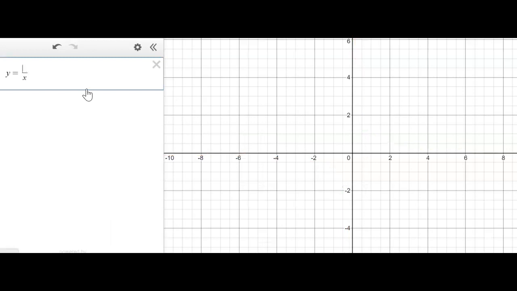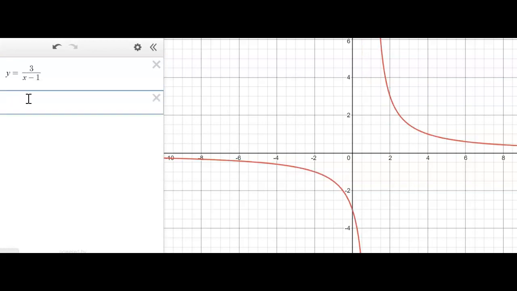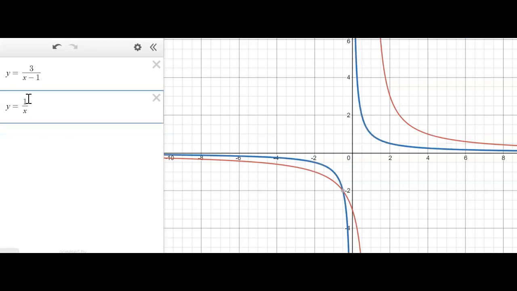So what is happening here is we've been dilated and it's been translated. Okay, so you can see the blue graph, our basic hyperbola, has been transformed to the red graph.